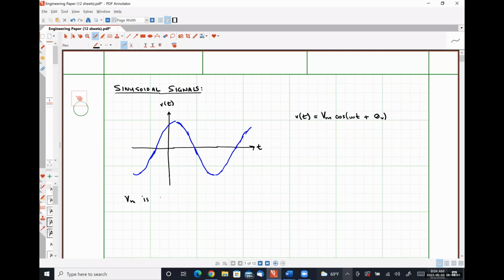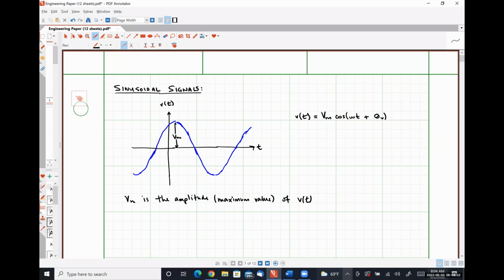is the amplitude or maximum value of our sinusoidal function, V of t. So it represents the difference between the peak value and the horizontal axis.